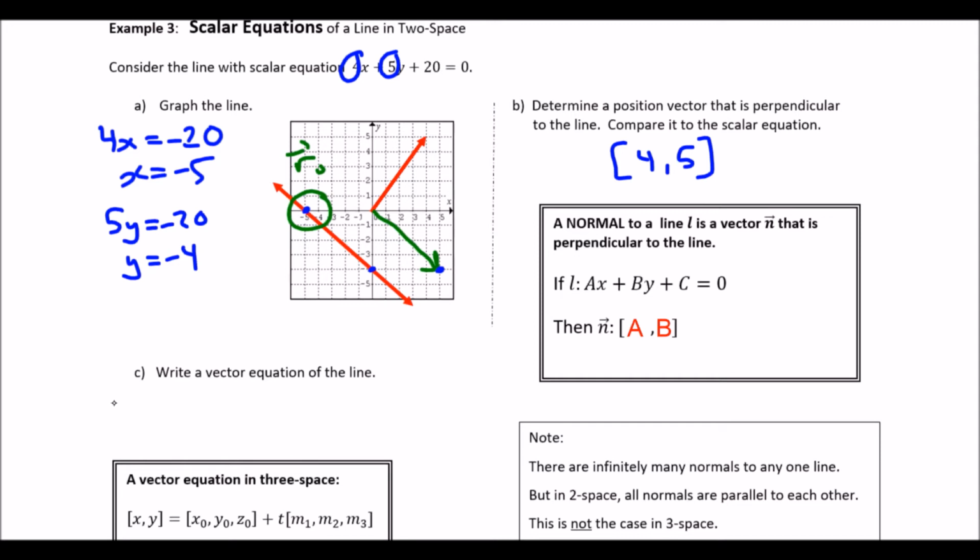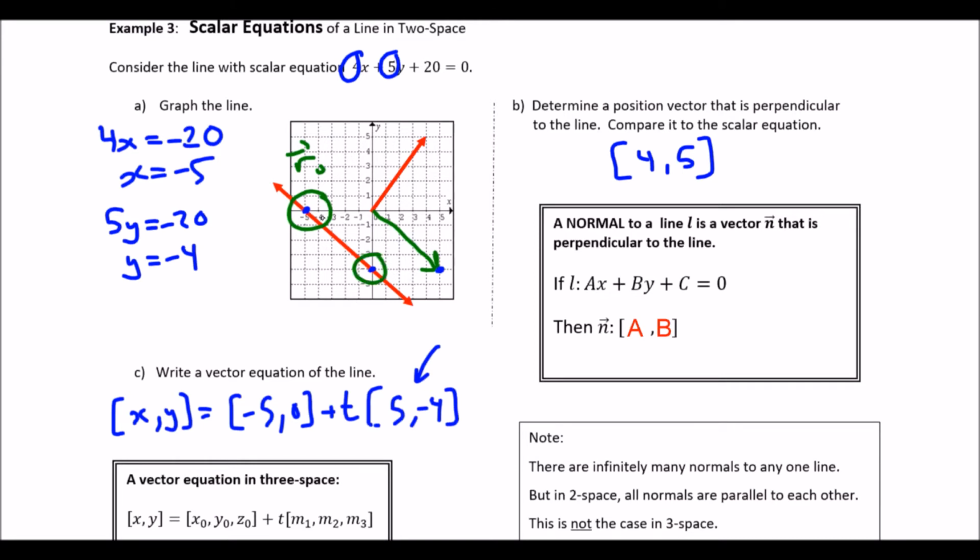So write this as a vector equation. (x, y) is equal to, my r naught is (negative 5, 0), plus t times (5, negative 4). Now another way to solve this, if I wanted to, I could find, using these 2 points, this one, my r naught, and this point here, that vector there.